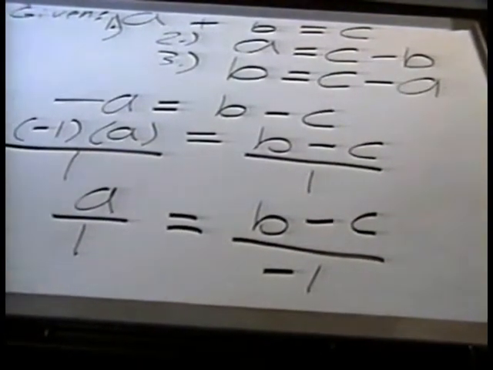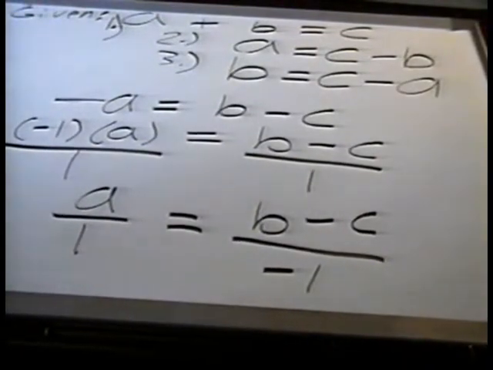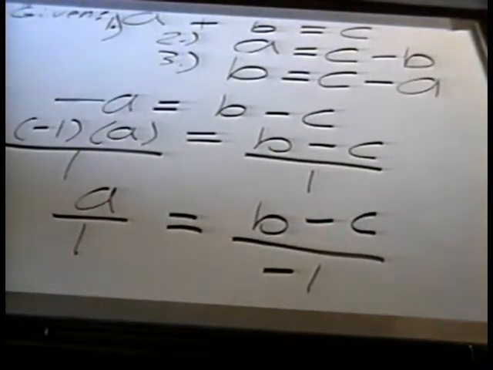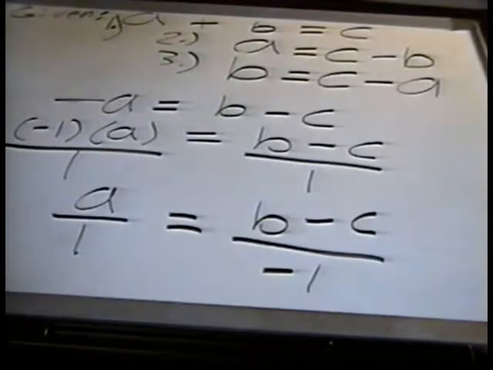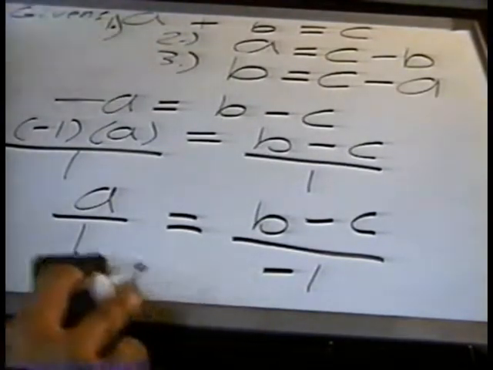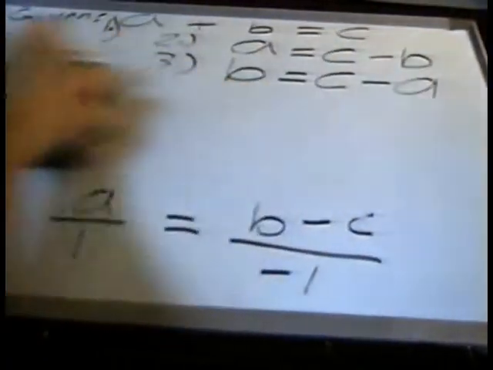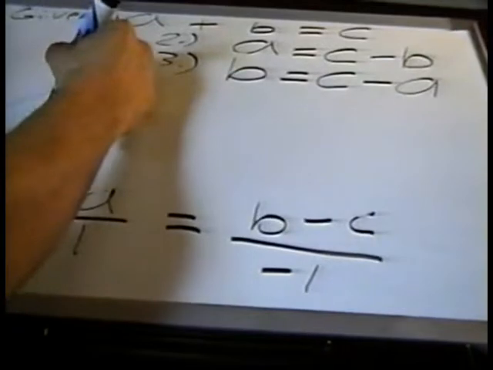So here we're looking at the negative number A. This equals -1 times A equals B minus C. Here, A is still not isolated.